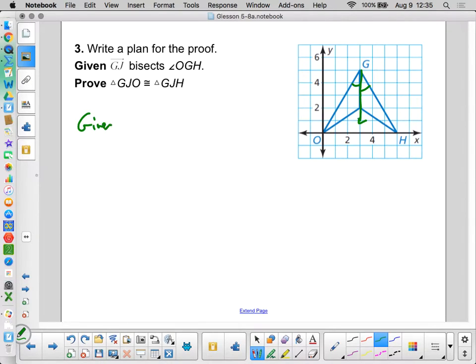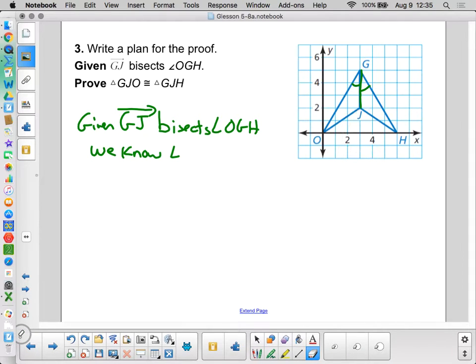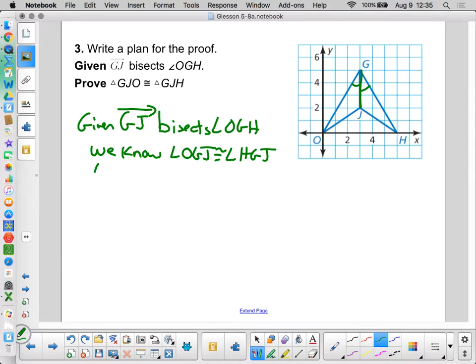So given GJ bisects angle OGH, we know angle OGJ, sorry, I need the name of that point, OGJ is congruent to angle HGJ, reason: definition of bisector. And GJ is congruent to GJ, reflexive.